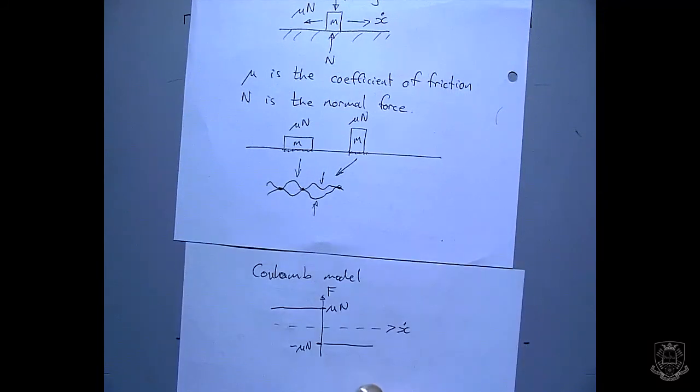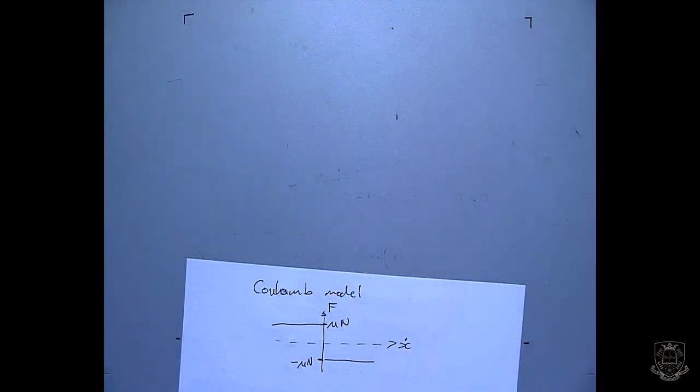The Coulomb model essentially assumes that that's just a constant value regardless of the velocity. Now, again, we know that that's not quite true when we look at the physics, but it's not a bad approximation.